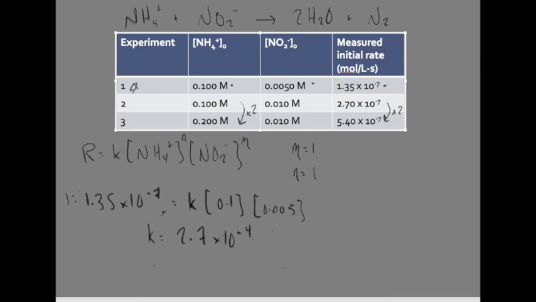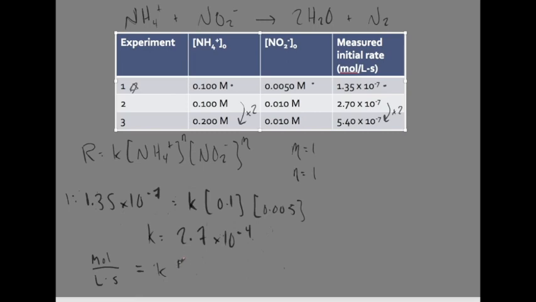I know that the unit of R is moles over liters times seconds equals, that's the rate, I'm thinking about the units right now, equals this K value, K, times concentration raised to the first power.